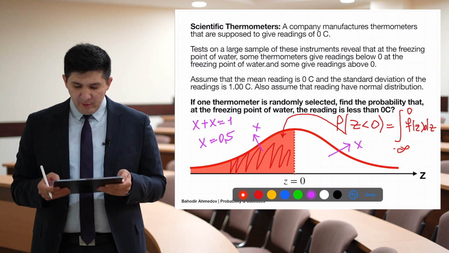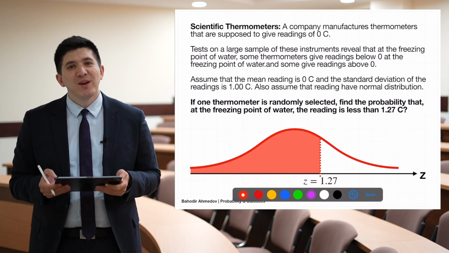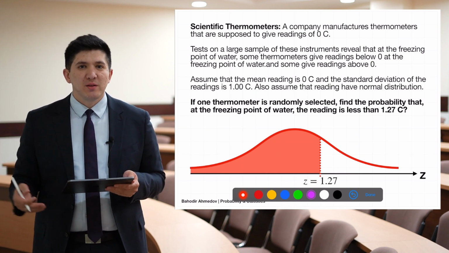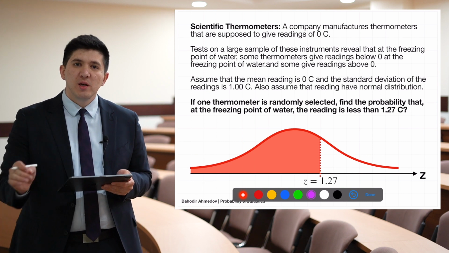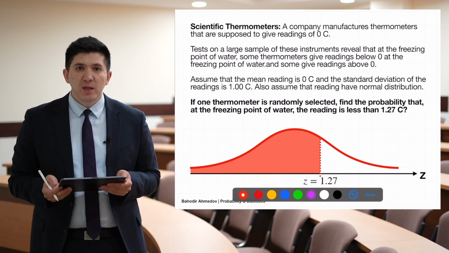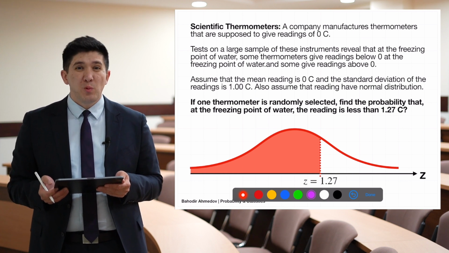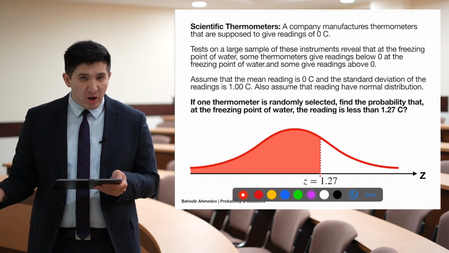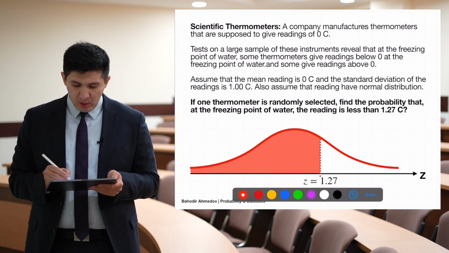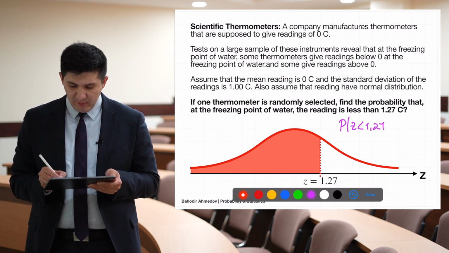So what if we are given temperatures that are not 0, so some other values of z? What if I would like to choose a thermometer and know the probability that the thermometer is going to show me a value less than 1.27 degrees, right? In this case, I have to find the probability that z is less than 1.27.